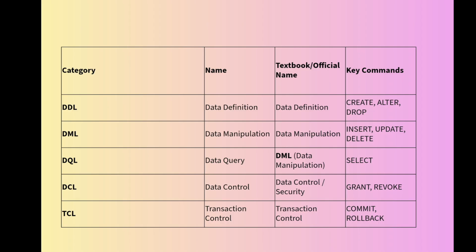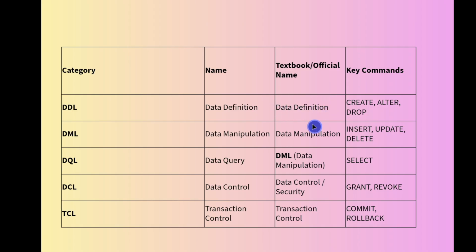If you have come across entity relationships, each entity is modeled into a table, and to create that table or to define its characteristics, we use DDL commands. For example, create a table or alter a table. What do we alter? We alter the columns or the format inside the table, or we drop the table entirely. All those commands that deal with creation of the table come under data definition language.